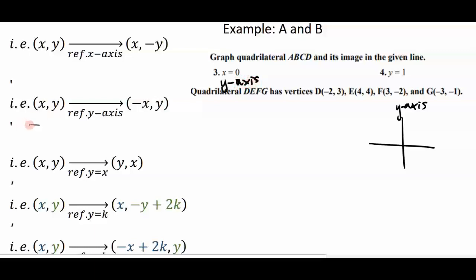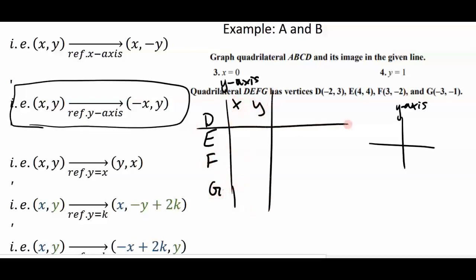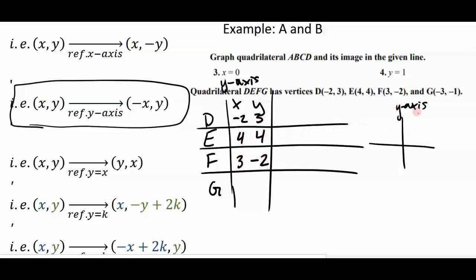I look at my y-axis rule, and I take each point, so my original D, E, F, and G: D was -2, 3, E was 4, 4, F was 3, -2, and G was -3, -1.